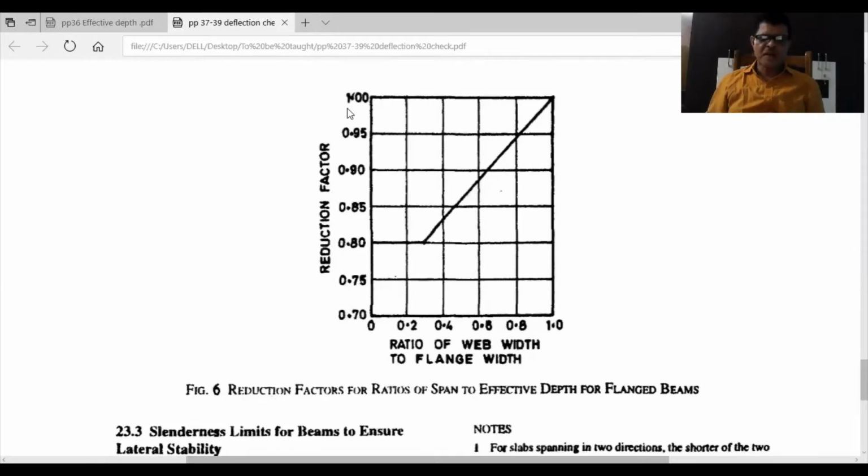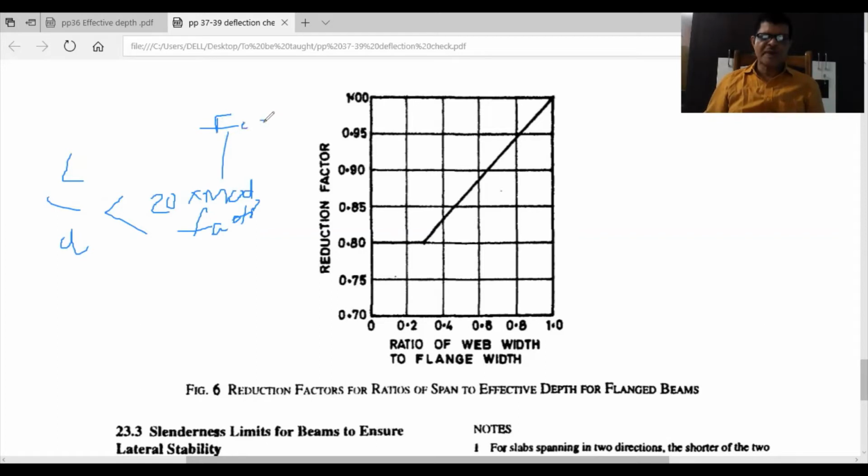So what it becomes now, if you write the equation, your L by D ratio shall be less than, suppose simply supported, it is 20 multiplied by the modification factor for the percentage of reinforcement. So the modification factor will be found from figure 4. So depending on your tensile reinforcement, find the modification factor from figure 4.